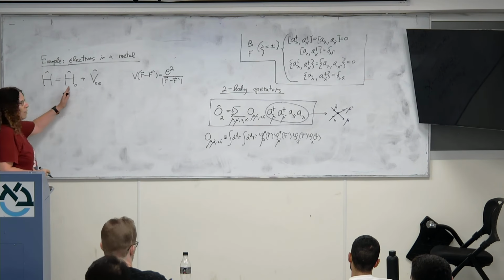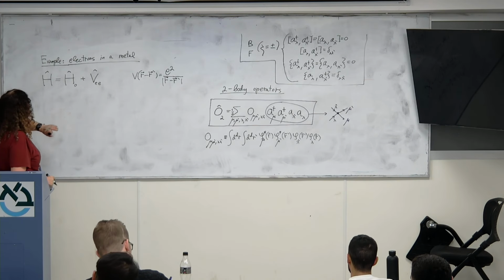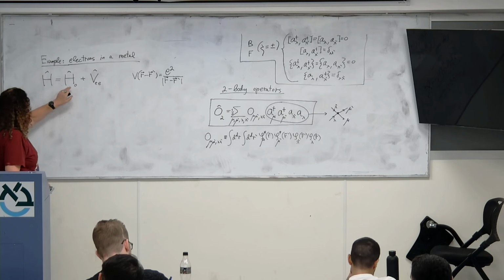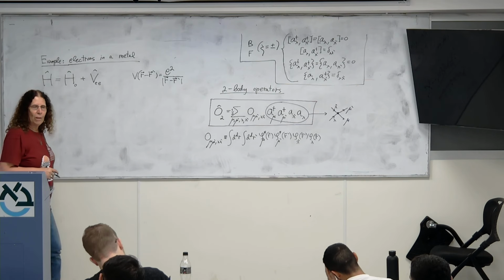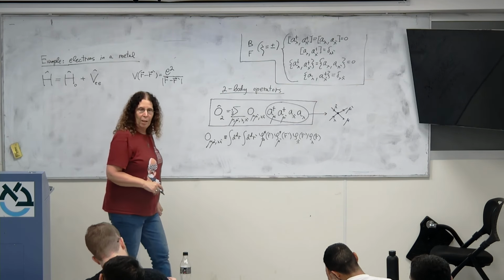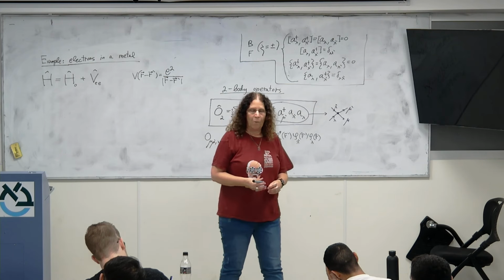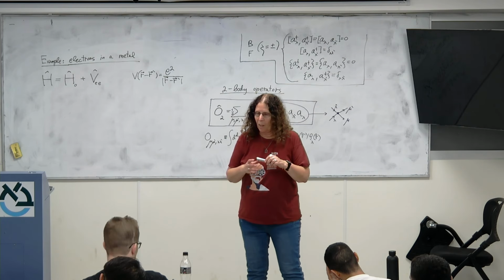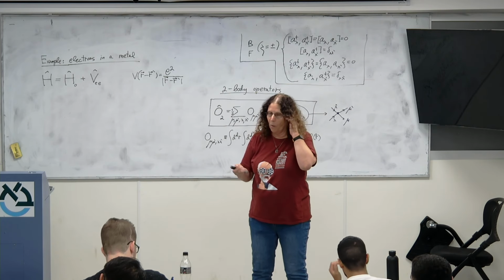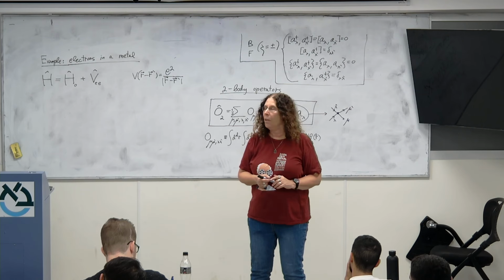Now, what is H naught? I want to write H naught already in second quantization. Let's skip the definition because it's kinetic energy, just a sum over p squared over 2m.